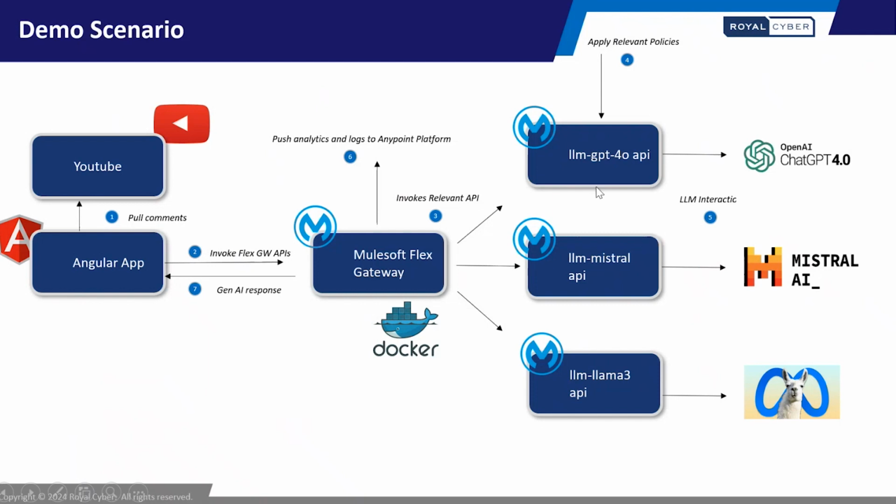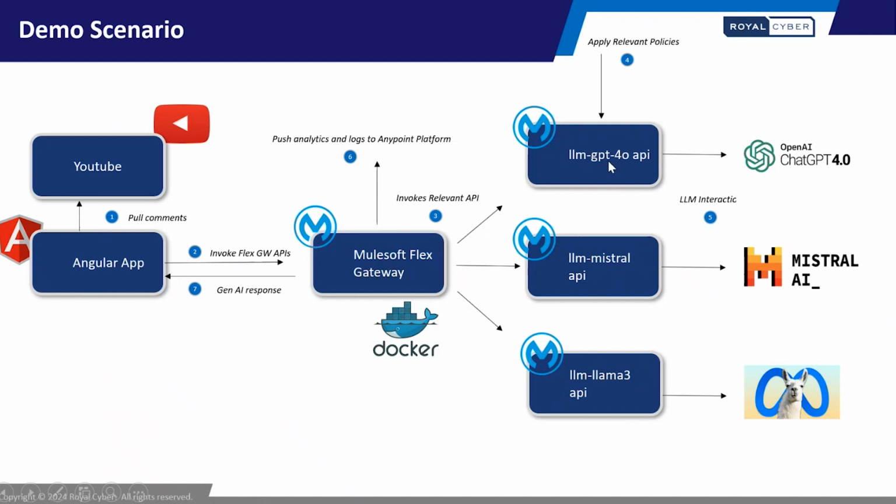And here we have three APIs that are deployed to Flex Gateway, interacting with their own respective backend LLMs. We are using an open public LLM, which is ChatGPT 4.0. We are also using two locally hosted private LLMs, which are Mistral and Llama 3.